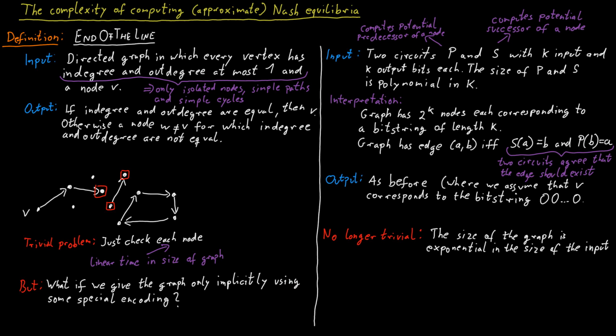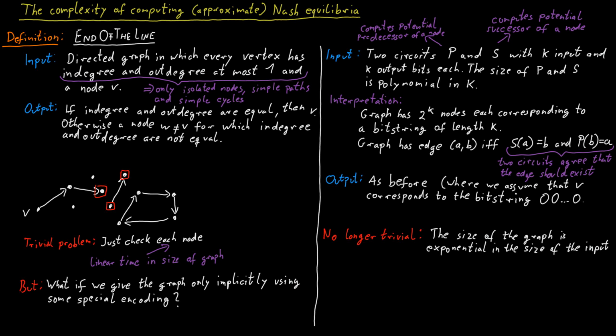Now, an important note here is that this is a bit different than maybe if you've heard in complexity theory about decision problems before, where you get some input and you're supposed to say yes or no. For example, you get a graph as an input and you're supposed to say whether the graph is a Hamiltonian cycle or not. And this is a bit different because we know that the point we are looking for always exists.